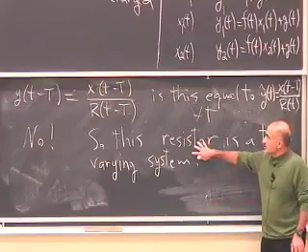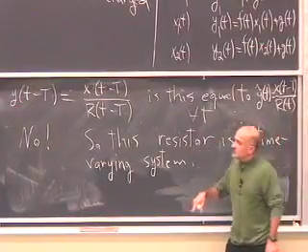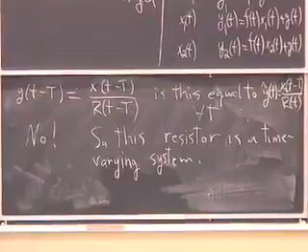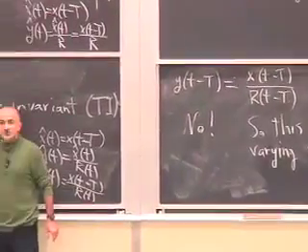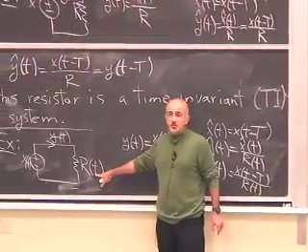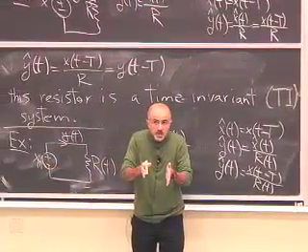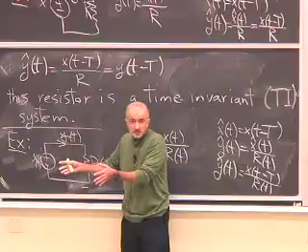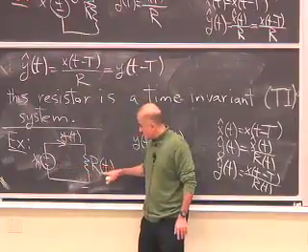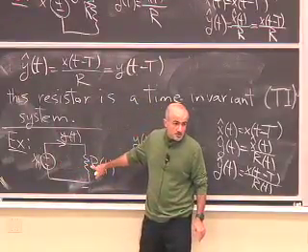But the moment you see the parameters of a system, in this case the resistance, change as a function of time, that means when you look at this circuit now, as opposed to 10 minutes from now, the resistances are not going to be equal in general.